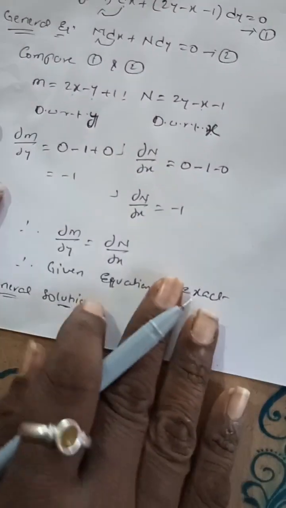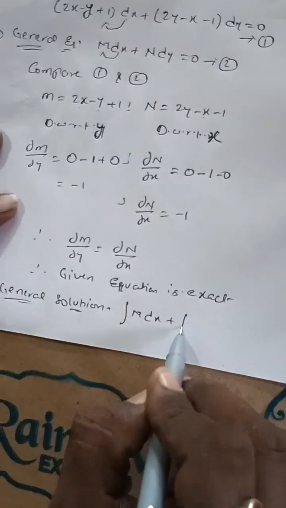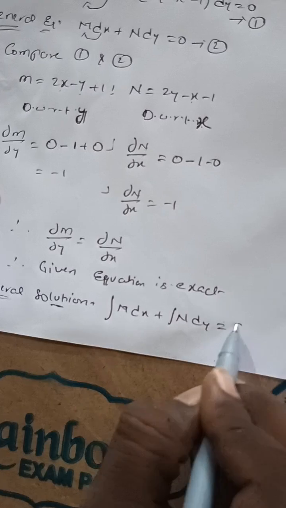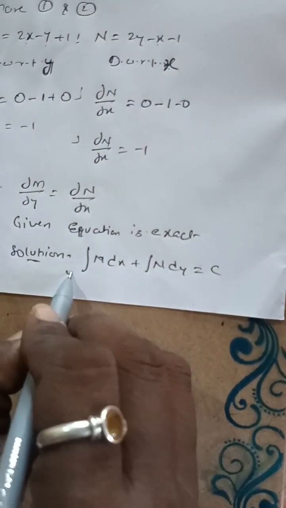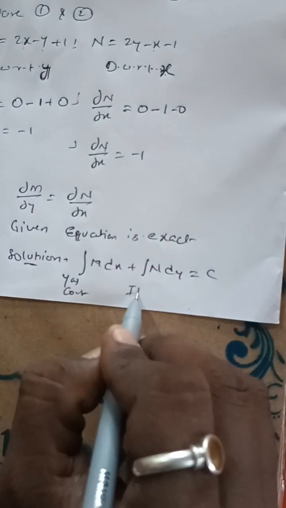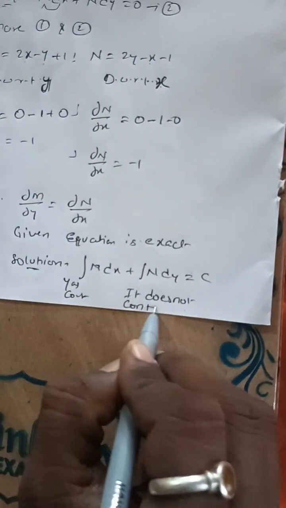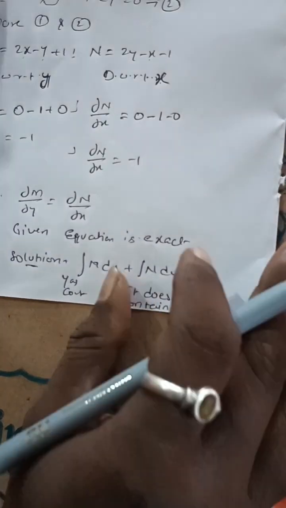What is our general solution? Integration of M dx plus integration of N dy equal to c, with y as a constant, and N does not contain x.